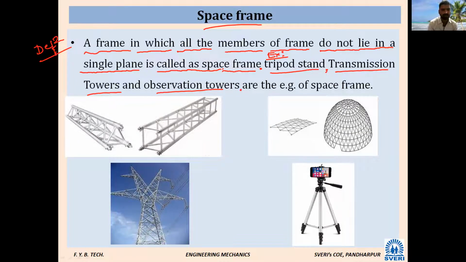It is not necessary to draw the diagram. If you want, you can write it, otherwise you can draw this diagram, tripod stand. So tripod stand you can draw like this.